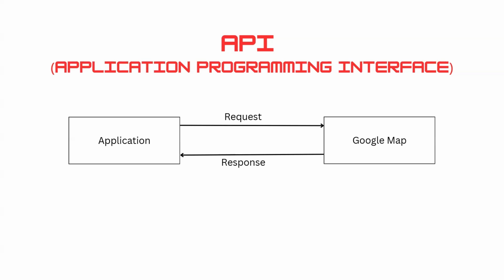To achieve this, you need a way for your app to communicate with the Google Maps service. And this is where an API, which is application programming interface, comes into the picture.